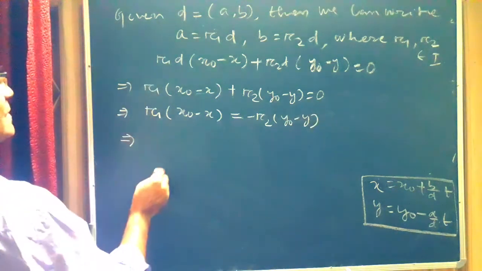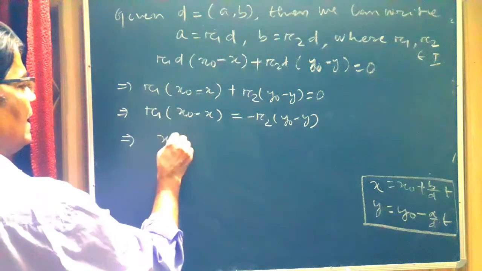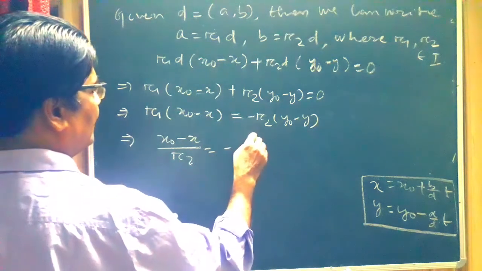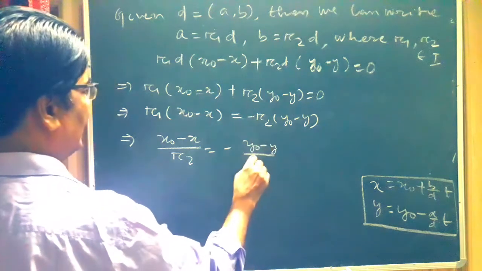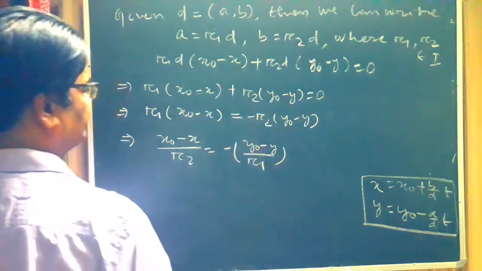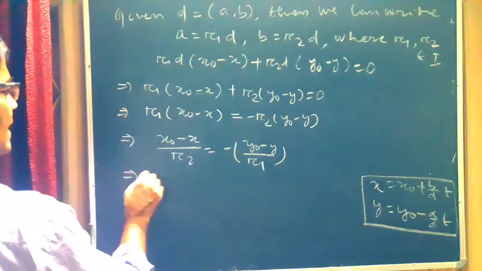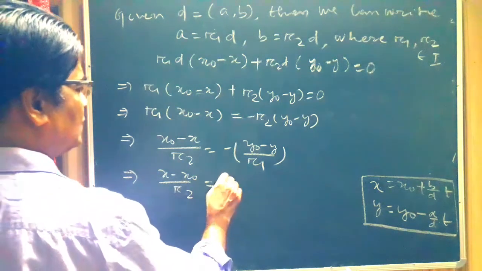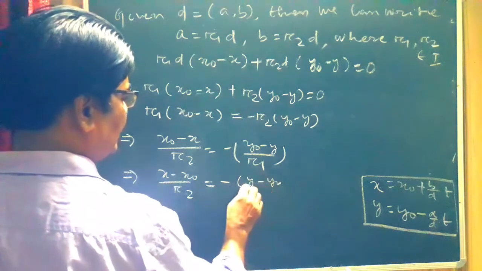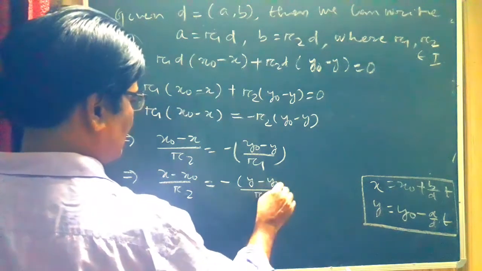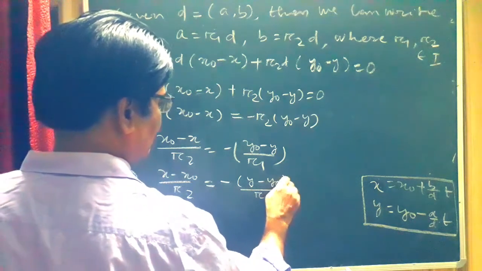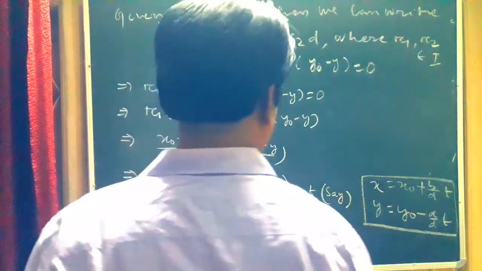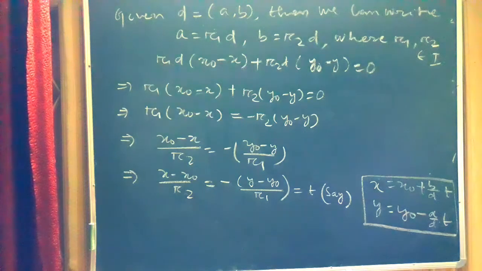So this gives us (x0 - x)/r2 = -(y0 - y)/r1. So this can be written as (x - x0)/r2 = -(y - y0)/r1 = t, say.